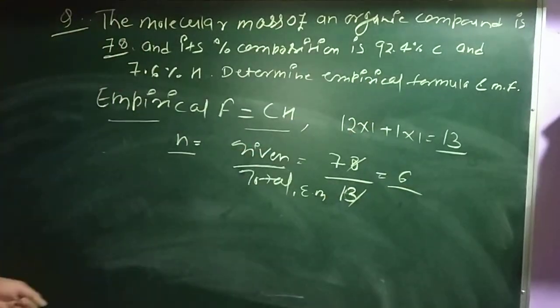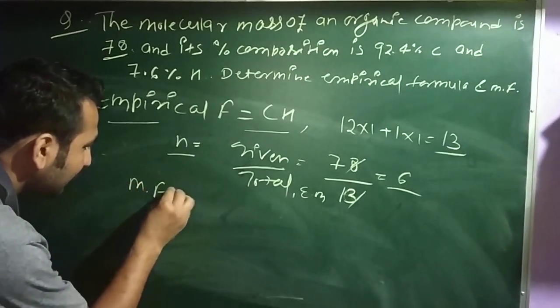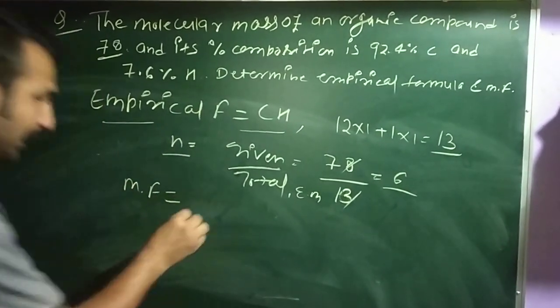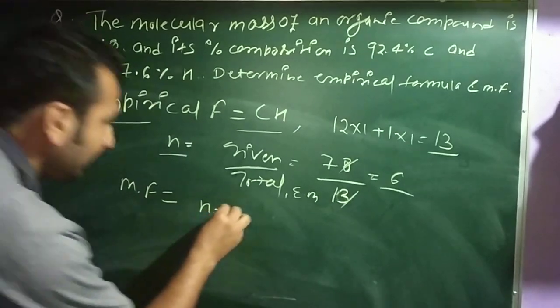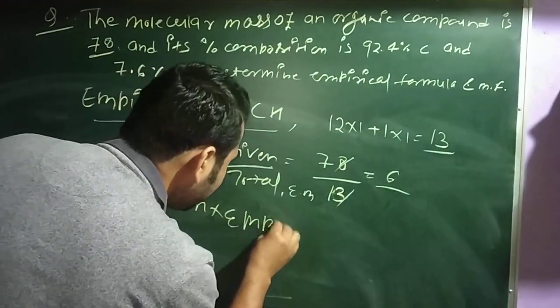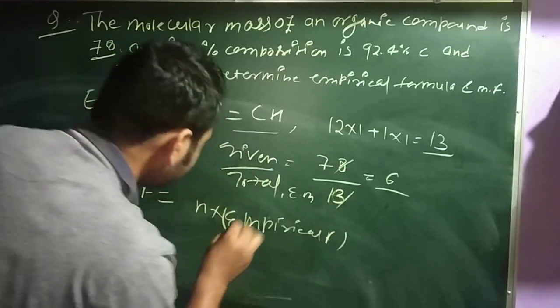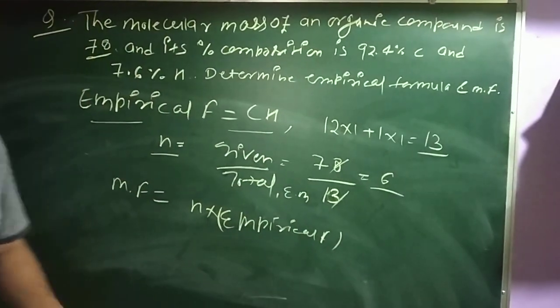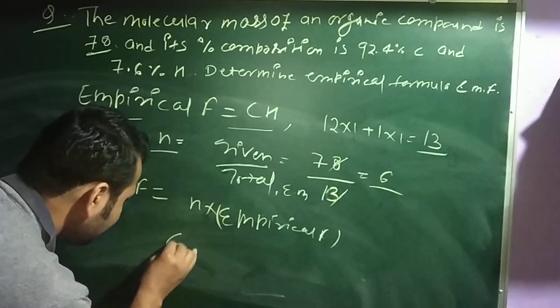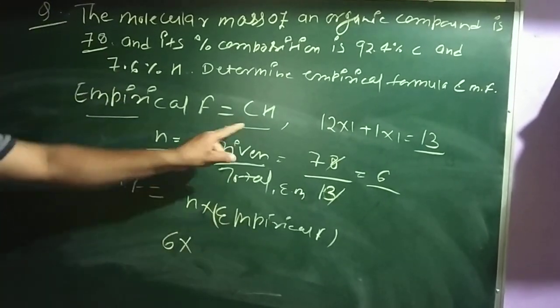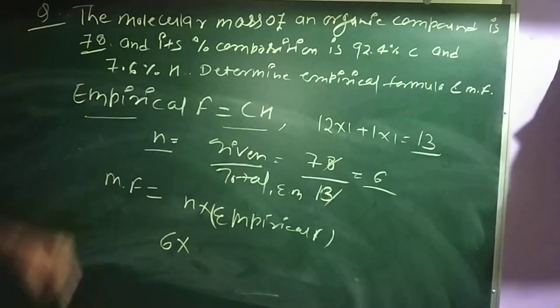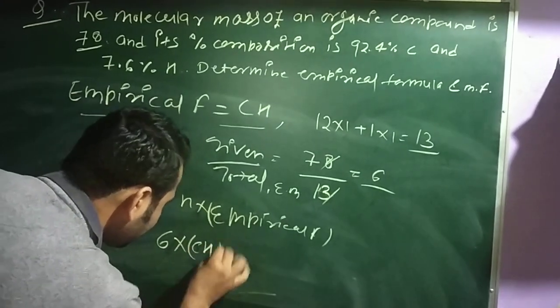So molecular formula is equal to n into empirical formula. You have 6 into the empirical formula, which is CH. We calculated this CH.